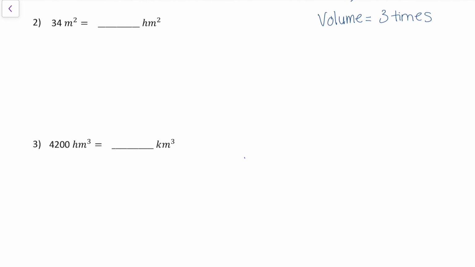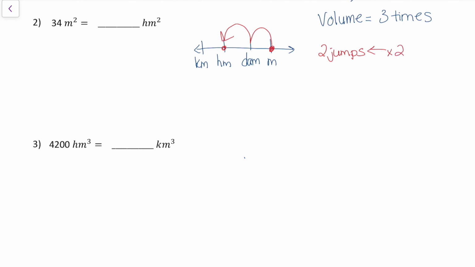Okay, so if we look at our scale, we have meters, decameters, hectometers, kilometers. And so if I go from meters to hectometers, I have to do 2 jumps to the left and I'm going to times that by 2 because it's an area.